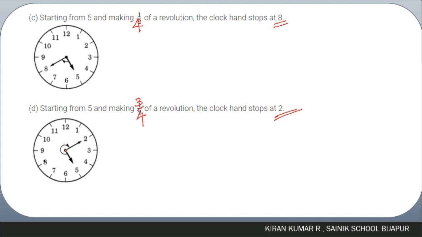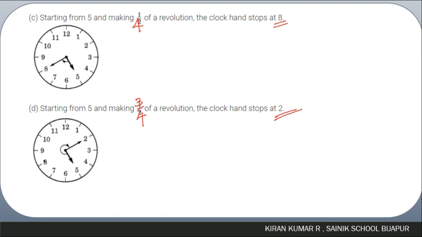It is because from 5 to 11 it will be half a revolution. From there 1/4 it will be at 2. Hope I have made it clear.